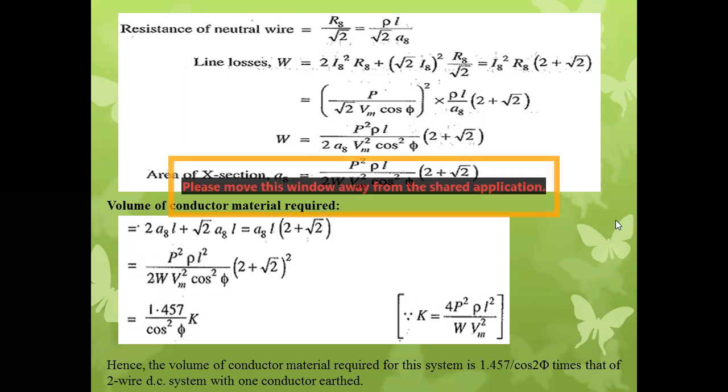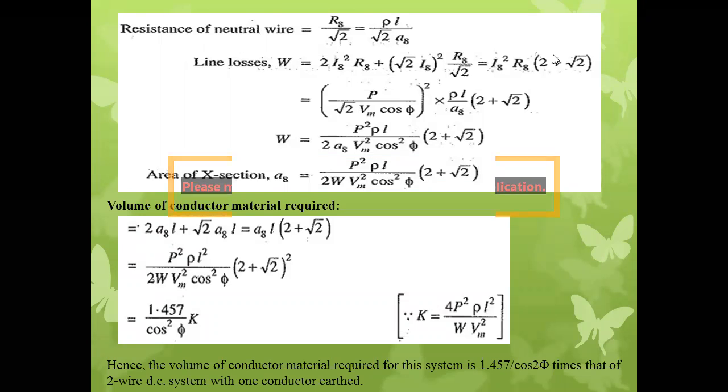Am I audible? Yes, sir. So how will it be converted into K form? Tell me. By dividing and multiplying, what value will we get for K over there?